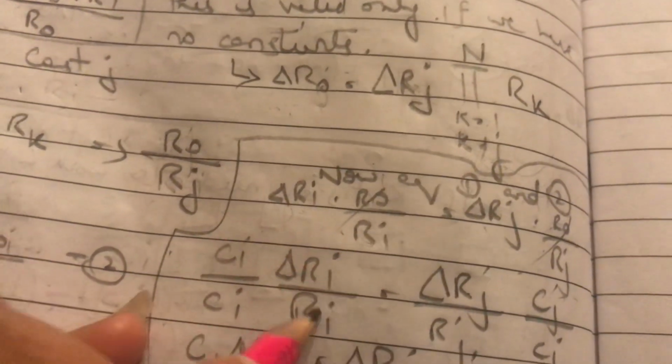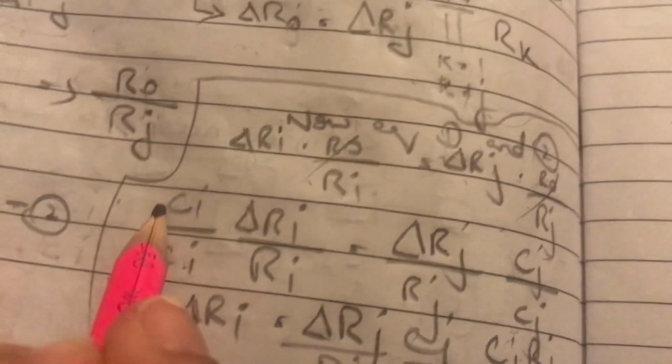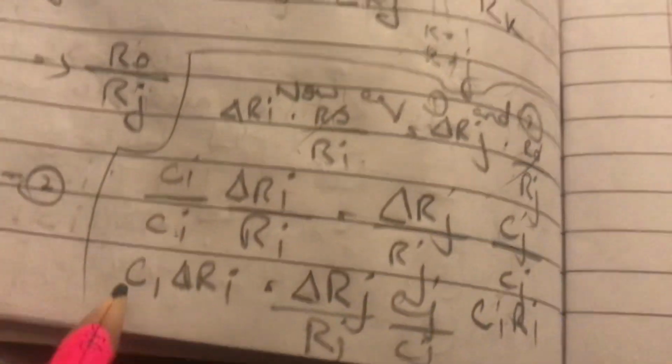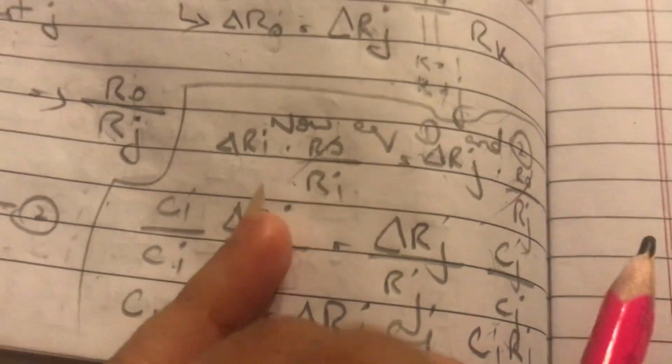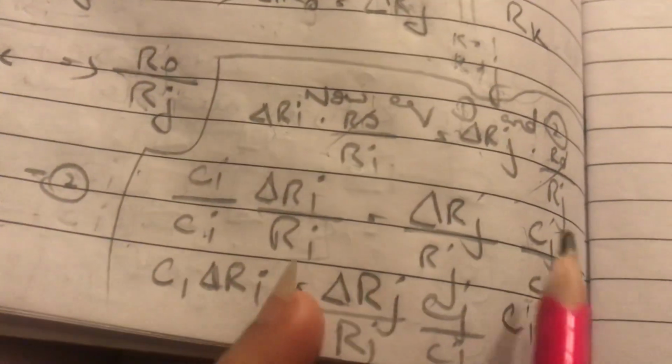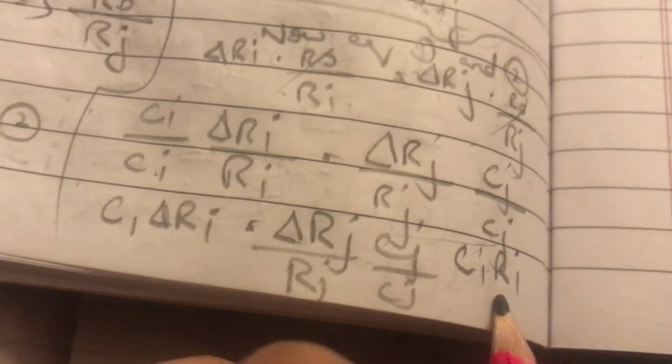Here we see we have just multiplied and divided, and both terms are written here. After that we'll take the thing that is dividing to the right hand side. This remains the same, and the denominator goes to the right hand side.